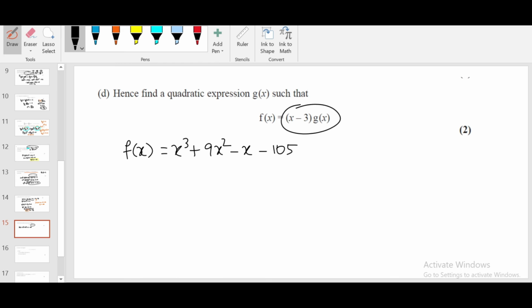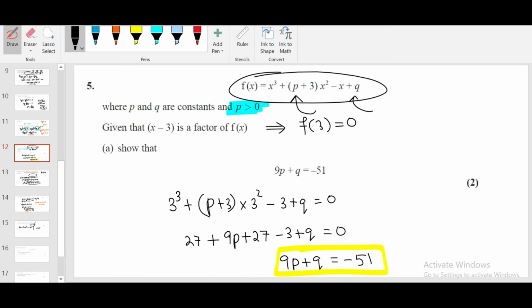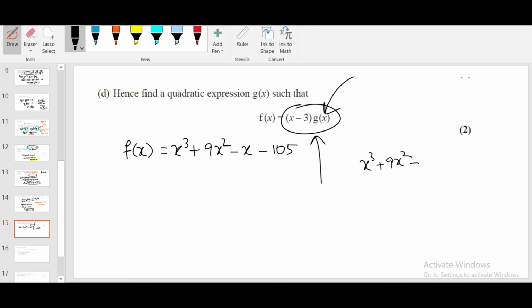When they ask you to write f of x in this form, to find g of x, you can divide f of x by x minus 3 using the long division method. x cube plus 9x squared minus x minus 105.